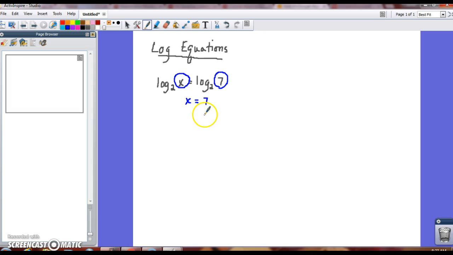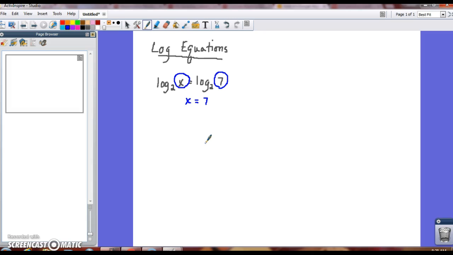That's the idea behind log equations. As long as everything is equal on both sides, then these two things have to be equal. They can't not be equal. So that's basically the strategy that we're going to use when we're doing all of these problems. There's lots of different ways the problems can be presented to you, and I'm going to go through some examples so you can see all those different problems.